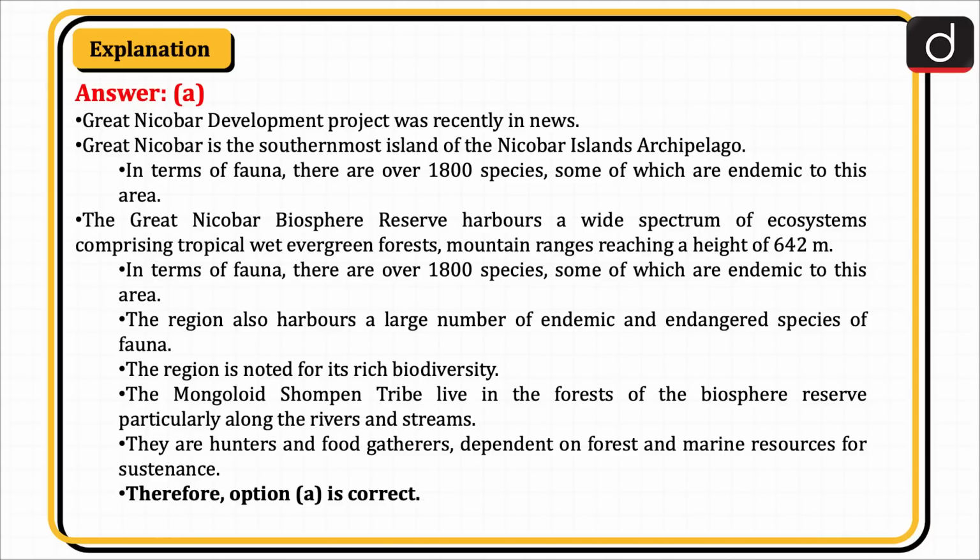The region is noted for its rich biodiversity. The Mongoloid Shompen tribe live in the forest of the Biosphere Reserve, particularly along the rivers and streams. They are hunters and food gatherers, dependent on forest and marine resources for sustenance. Therefore, option A is correct.